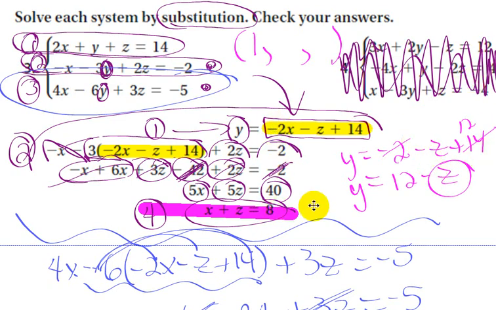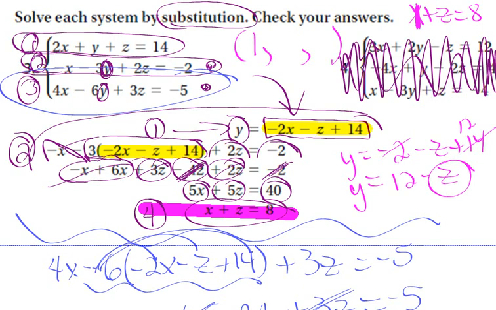Okay, so let's pick equations 4 or 5. I'm going to use 4 here. x plus z equals 8. And I'm going to plug in, let's see, I'll do it up here. x plus z equals 8. So we know that x is 1.